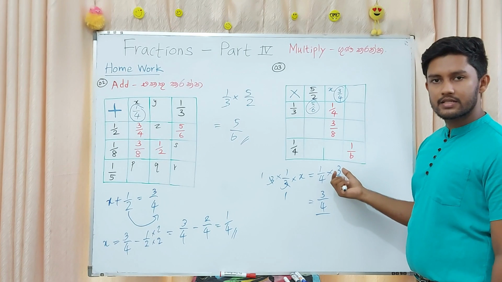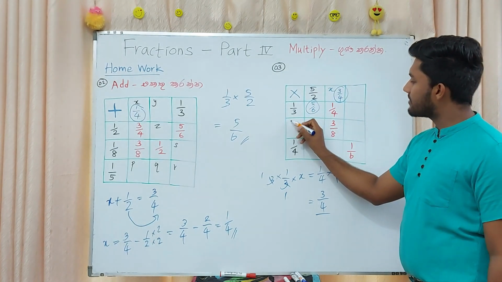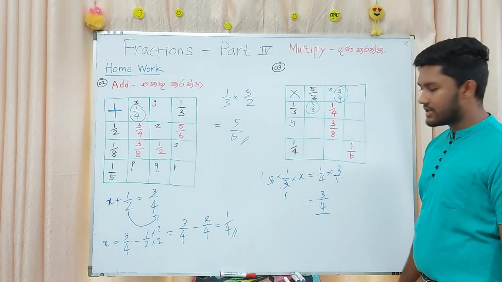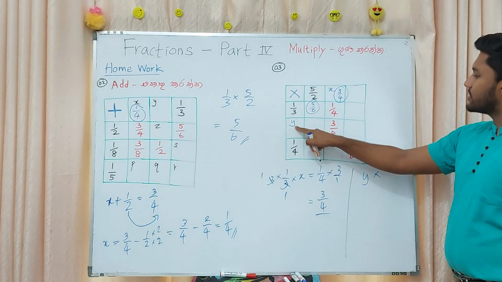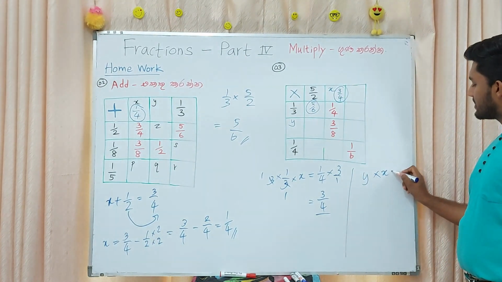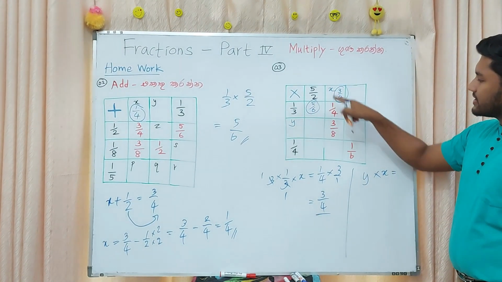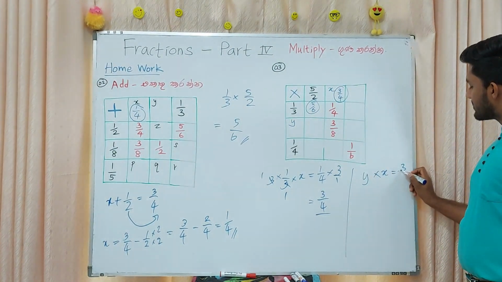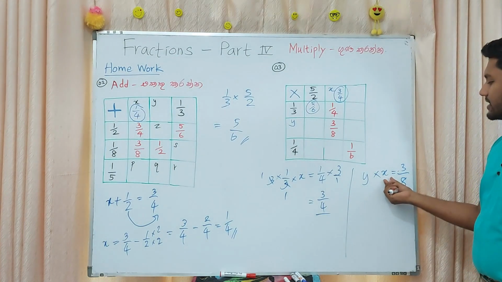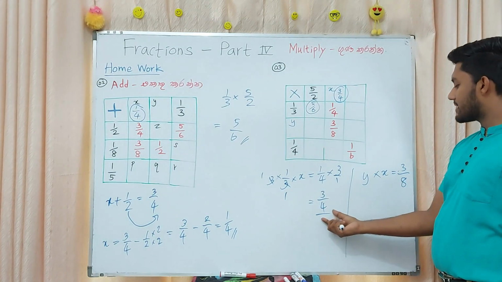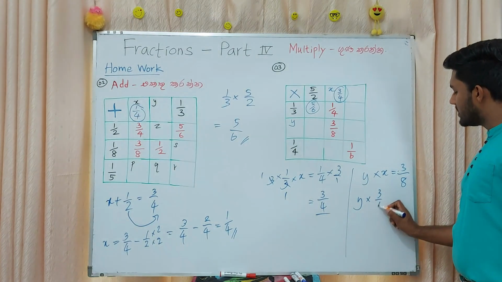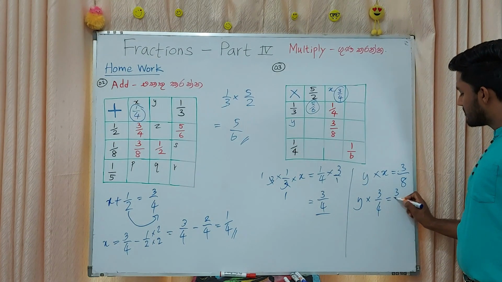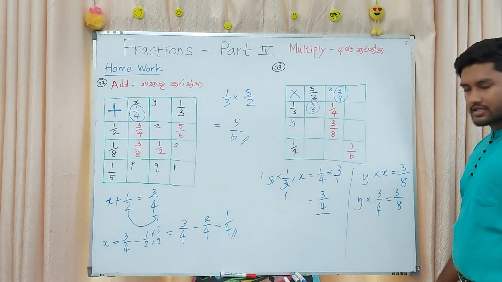Then you know, dear students, here we can put it as y. Then we can say that y into x equals 3 over 8. You know the value of x. Then we can substitute y into 3 over 4 equals 3 over 8.